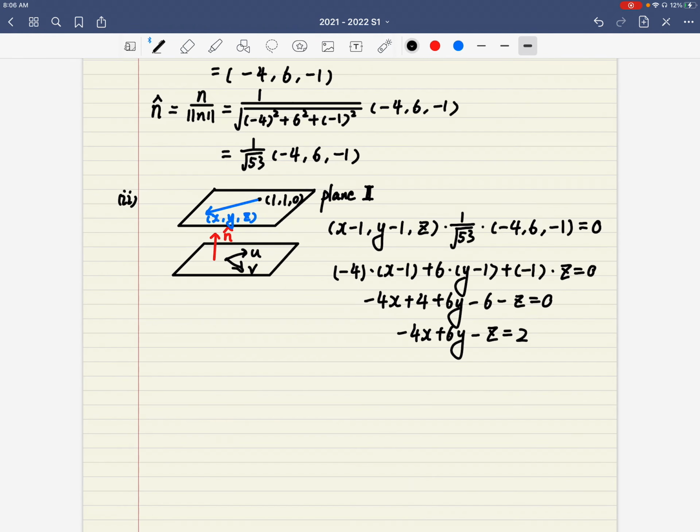Then find the distance between plane 2 and the plane containing the origin and parallel to u and v. So what's the distance between these two planes?